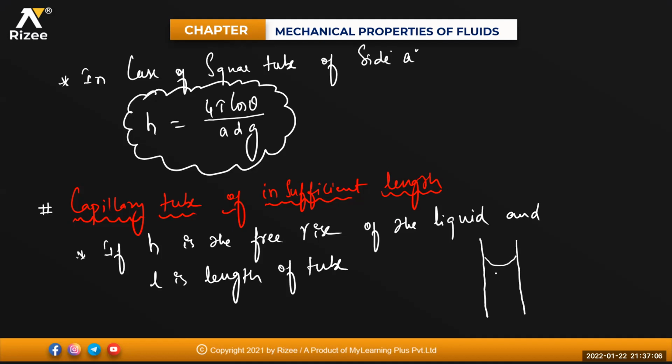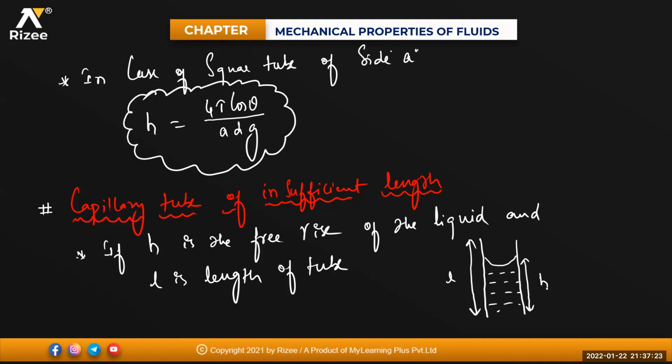In this one, there is a free rise of the liquid. The total length of this tube is, say, for example, L, and this one is your height h. Clear, beta?